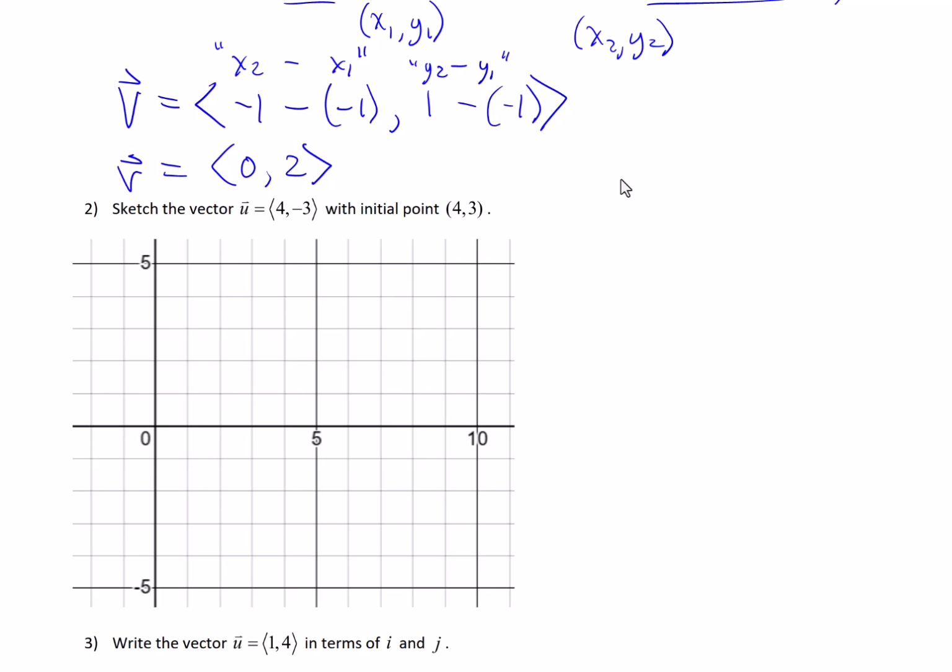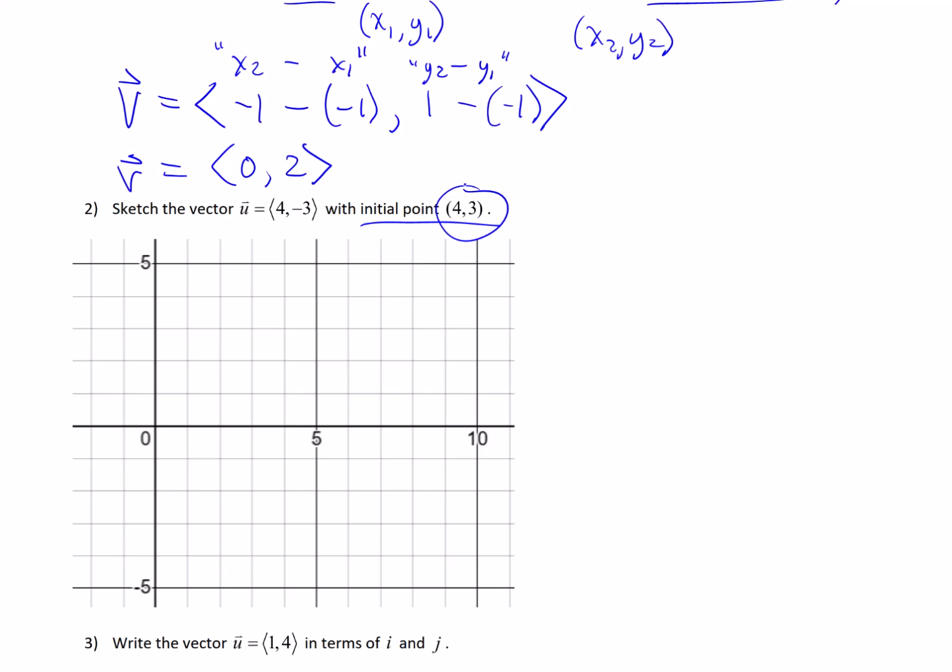Our second example says sketch the vector u. So vector u is defined in component form here with components 4, negative 3. They're defined in our little pointy parentheses there, meaning that, of course, 4 is the horizontal component, negative 3 is the vertical component. And then they give us the initial point for this vector of 4, 3.